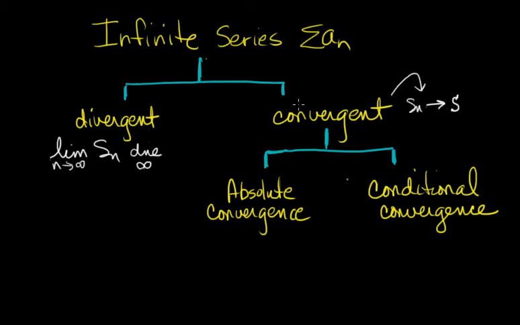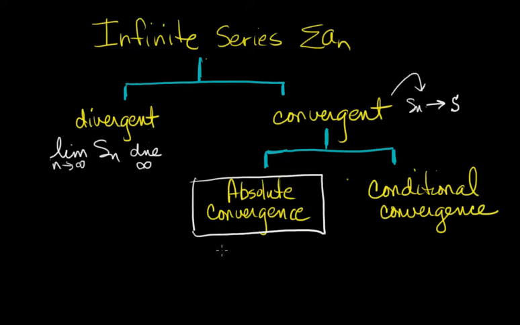Now we're going to study two different kinds of convergence, but we are going to concentrate on this one. Section 11.5 is mainly conditional convergence, and we're only going to talk about it briefly, and we will be sticking to this kind of convergence in our class because of lack of time.